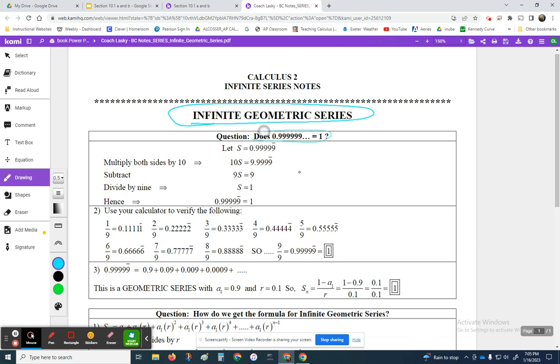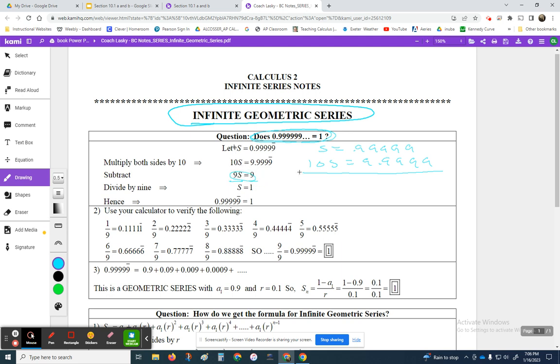This is a big one: does 0.9999 repeating equal 1? We're going to say, like they say here, S is equal to 0.99999. If we multiply by 10, we get 10S equals 9.999. Well, this becomes a system of equations. If we subtract these two, 10S minus S gives me 9S, and 9.999 minus 0.9999 gives me 9.